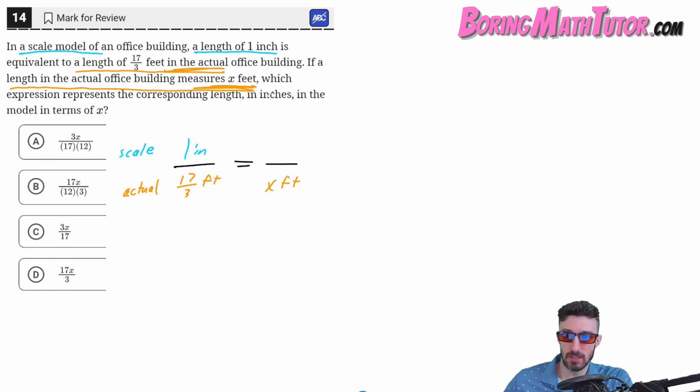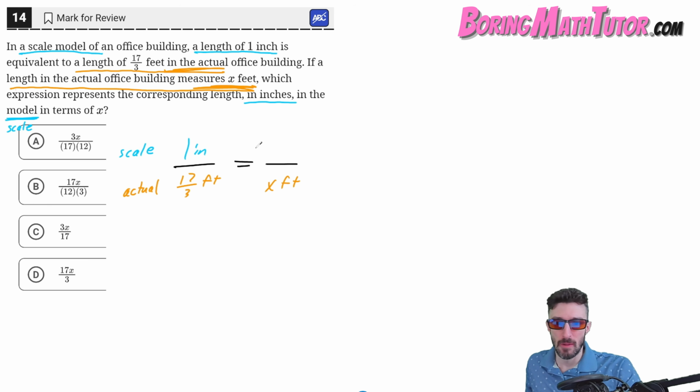But the next thing it says is which represents the corresponding length in inches of the model. So model means the same thing as the scale in this case. So that means I'm going to have to put some sort of new letter. I don't know what I want to put, but how about I just put A? A is a nice letter that I haven't used yet.